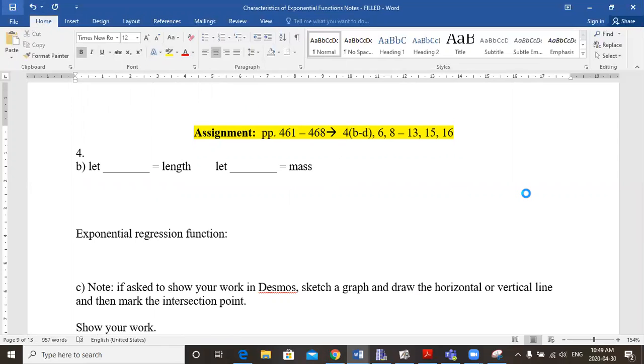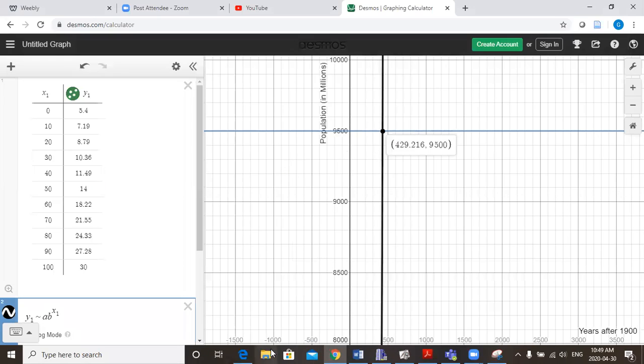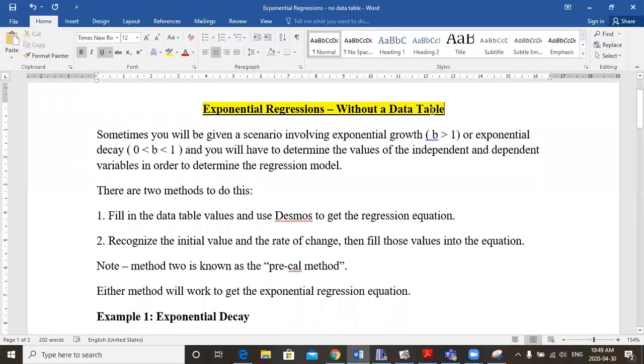Alrighty, so I'm going to close this one off and open up the last note set, which is the one that I asked you to download today, and that is doing regressions without a data table. So I kind of gave you the intro, but again, we'll go through it. Sometimes you'll be given a scenario involving exponential growth where the B value is greater than 1, or exponential decay when the B value is between 0 and 1.